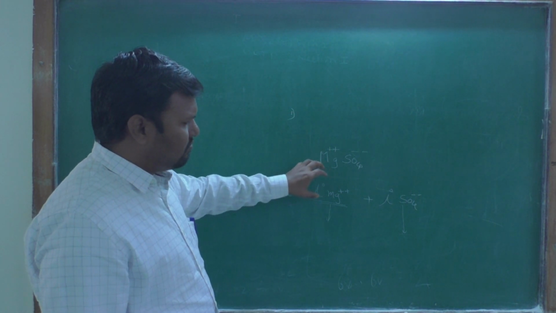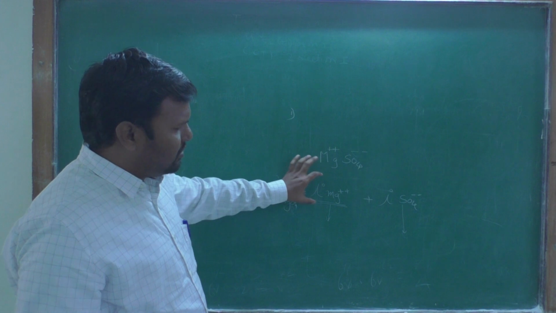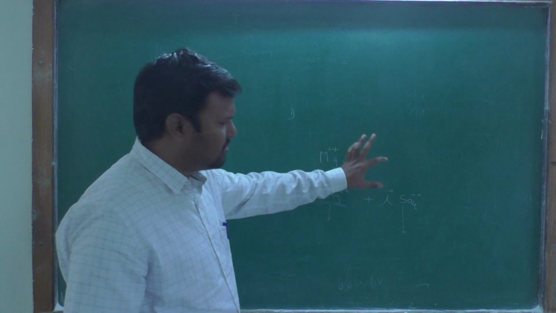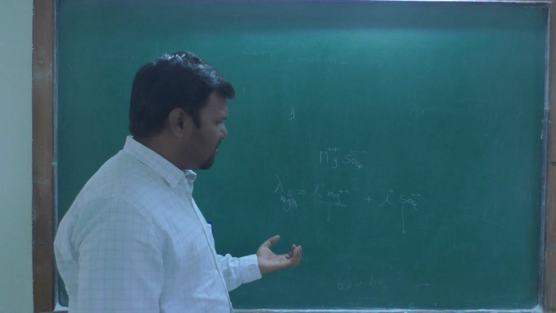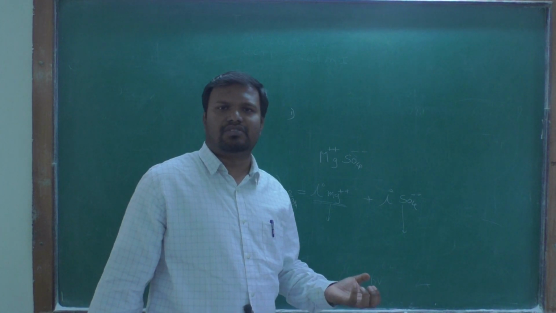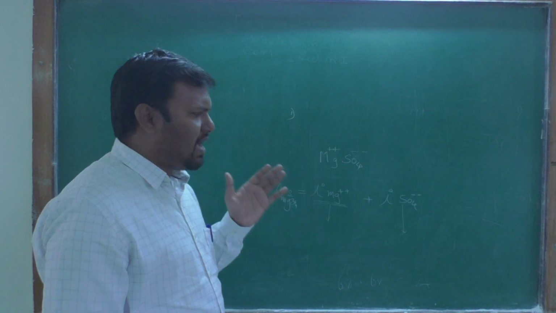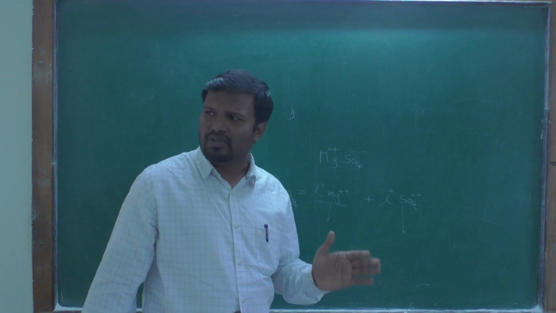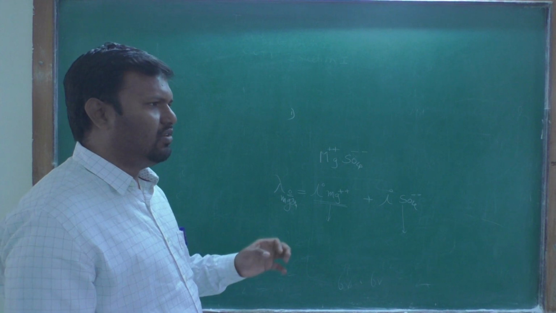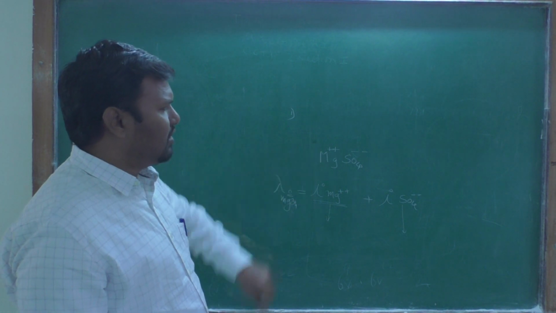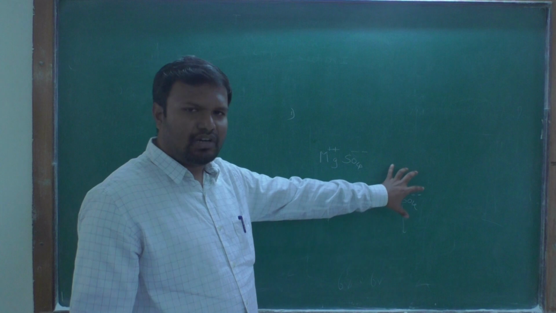Therefore the equivalent conductance of MgSO4 is given by the summation of the equivalent conductance of Mg plus ions and the equivalent conductance of SO4 minus ions. The equivalent conductance of each ion is independent of the other ion; it migrates towards its respective electrode independently, and the total equivalent conductance for this salt can be calculated by the summation of the equivalent conductance of the first ion plus that of the other ion.